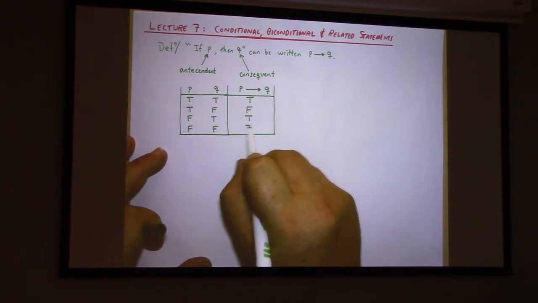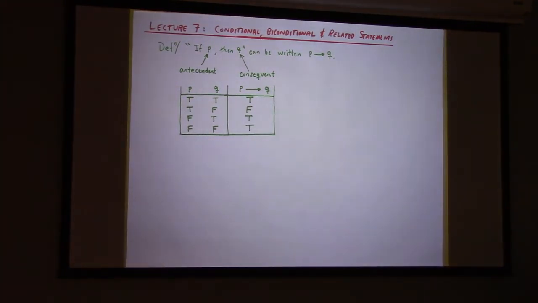The only way you can get a conditional false is true implies false. So the conditional is usually true. The only way to break the conditional is when you have true implies false. Now, I know some of you probably want to think false implies true is false, but that's not the case. That's not how this works.